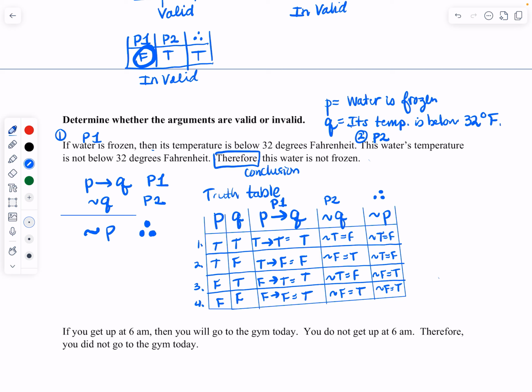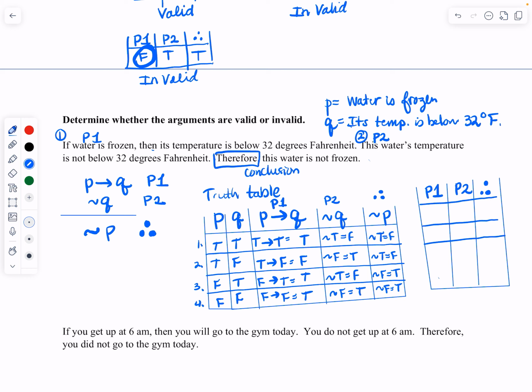Okay, so let's put pieces together, right? I'm going to do P1, P2, conclusion. So all I'm going to do is copy those down again, just for clarity, so that way you can see how I do this. Again, 4 rows. Okay, 1, 2, 3, and 4.